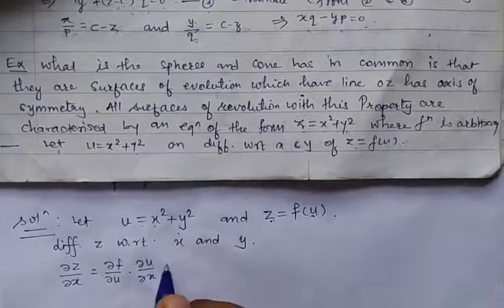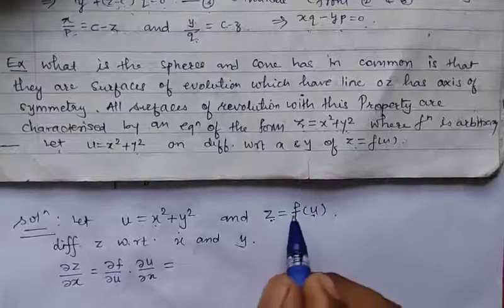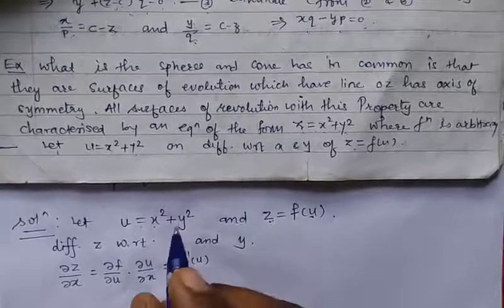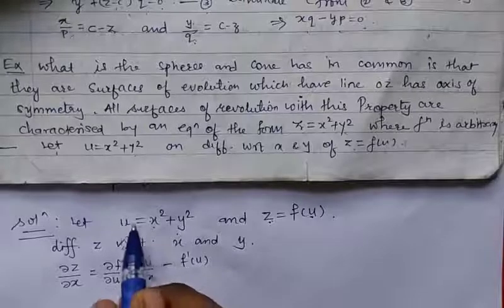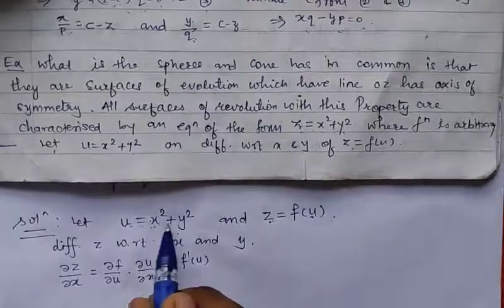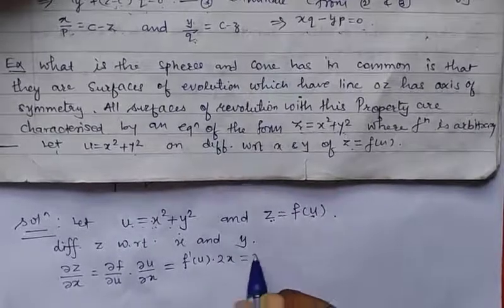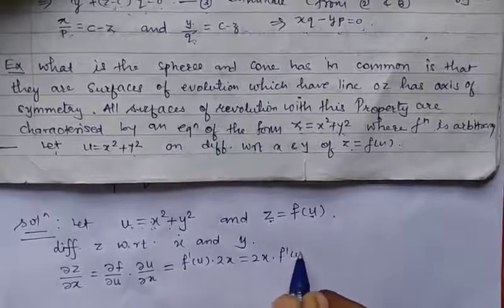So ∂f/∂u is f dash u, and the derivative of u with respect to x, where u is x square plus y square, is 2x. So it equals 2x into f dash u.